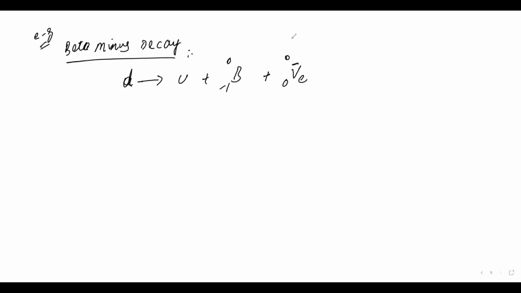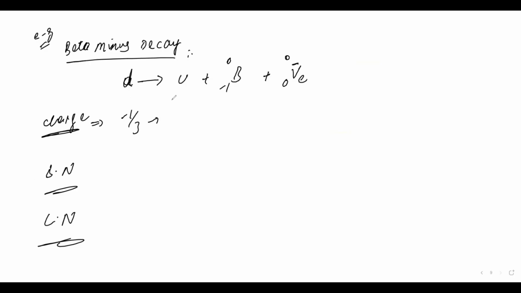If this reaction can happen, we need to check whether the charge is conserved, and apart from the charge, whether the baryon number and the lepton number are conserved. Talking about the charge, first of all, what is the charge on the down quark? -1/3.